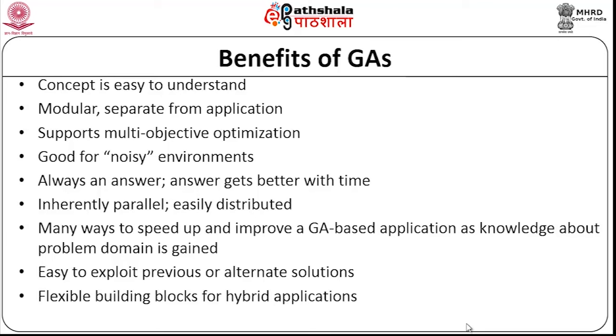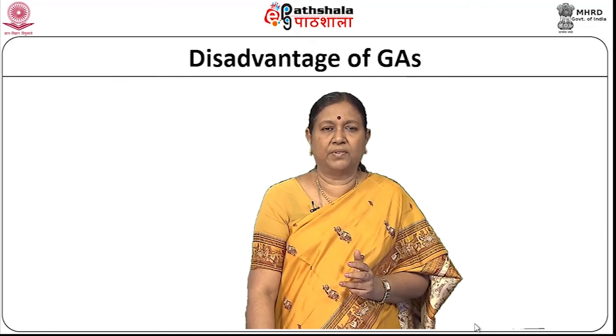Some of the benefits of GA technology are that it is modular, it supports multi-objective optimization, noisy environments, and incremental learning, and it is parallelizable. It also has a substantial history and a lot of people have used it.